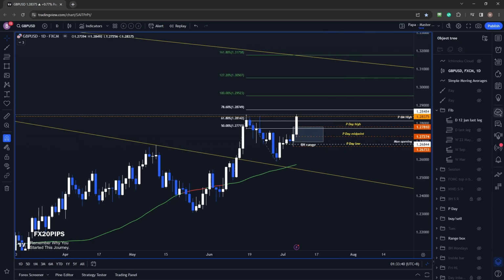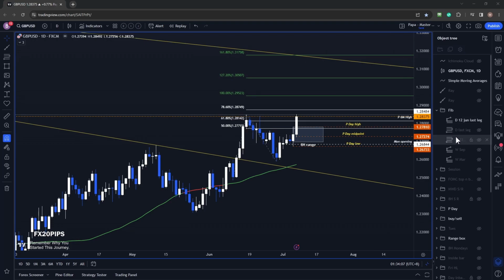On the daily, with the extension, we have A, B, and C. Price is currently above 61.8%, which means price has gone up 61.8% of this leg.